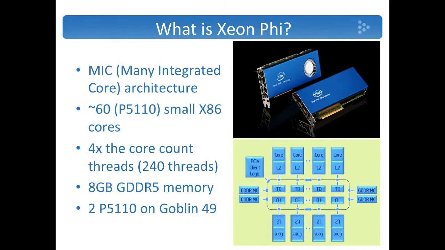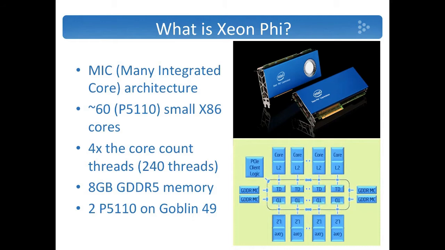As you can see in the picture, Xeon Phi looks like a graphics card, right? So it has active cooling and passive cooling options like a PCIe device. It also uses memory like GPUs. It uses GDDR5 memory, and that means it will have a very wide memory bandwidth.